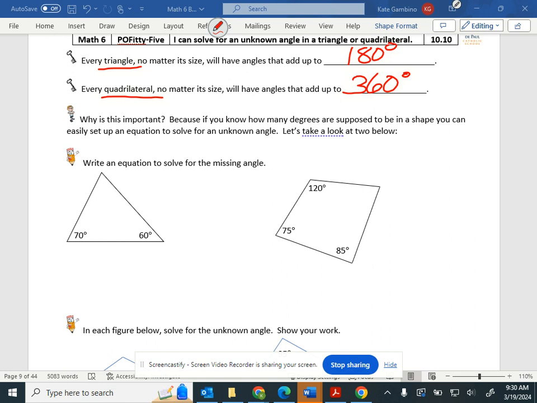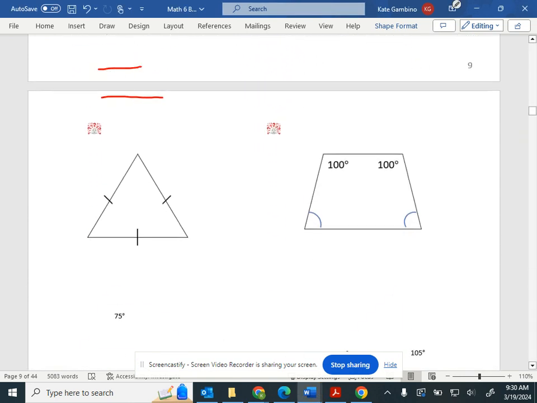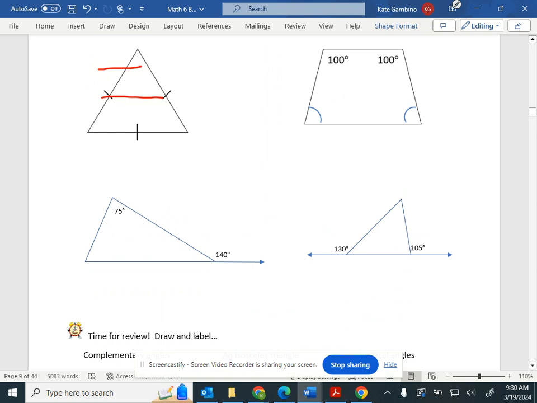When we are solving for those missing angles, we might need to remember things like our supplementary angles. Remember, if all three are congruent, we know all sides congruent, all angles congruent.